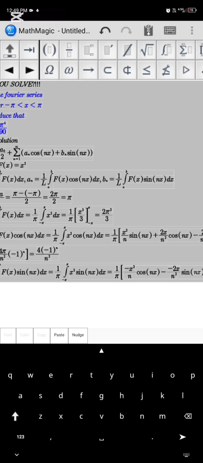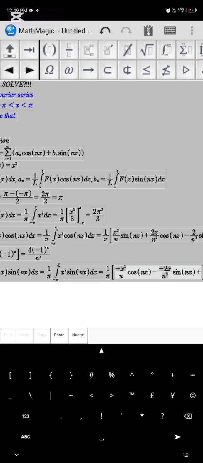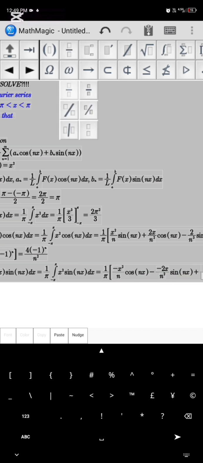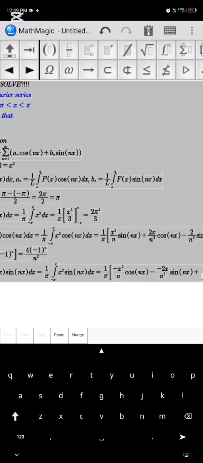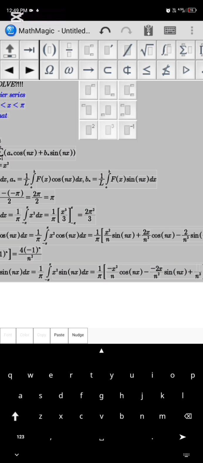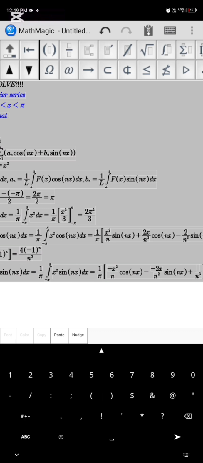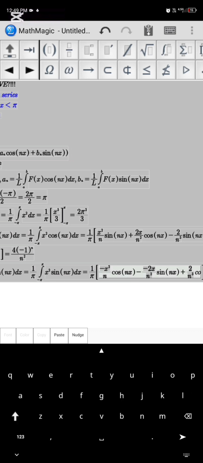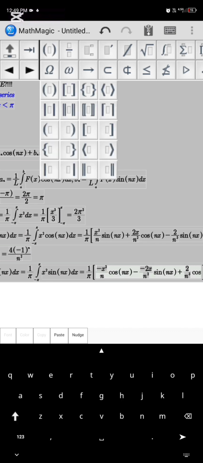All right, then plus the final part, which is 2 over n raised to the power of 3, multiplied by cos nx.